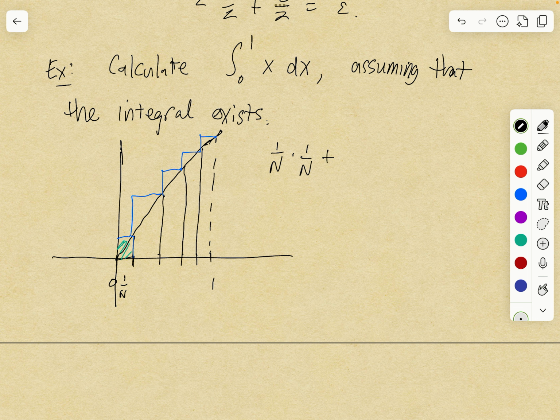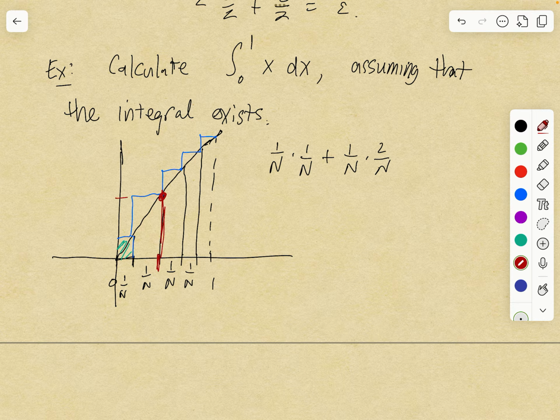And then the second one is going to be, each of these rectangles has width 1 over n, right? So you have 1 over n times 2 over n, because the value of x here is 2 over n. So you just plug in 2 over n here.